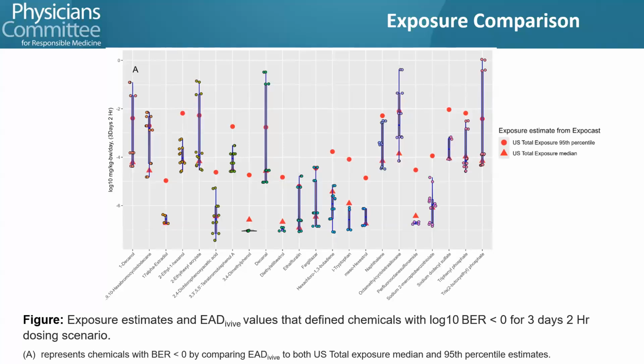So this implies a very low margin of safety and suggests that these chemicals may pose significant risk and we should investigate them further. And as you can see, there are a lot of chemicals that we see in our day-to-day life, like naphthalene, a lot of phthalates, a lot of estradiol chemicals, and of course, a lot of BPAs.